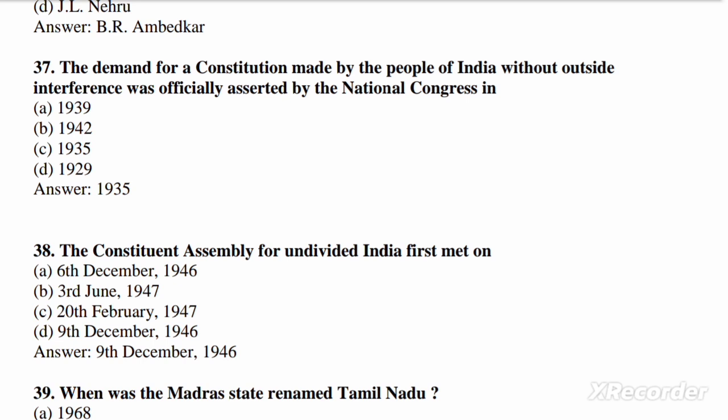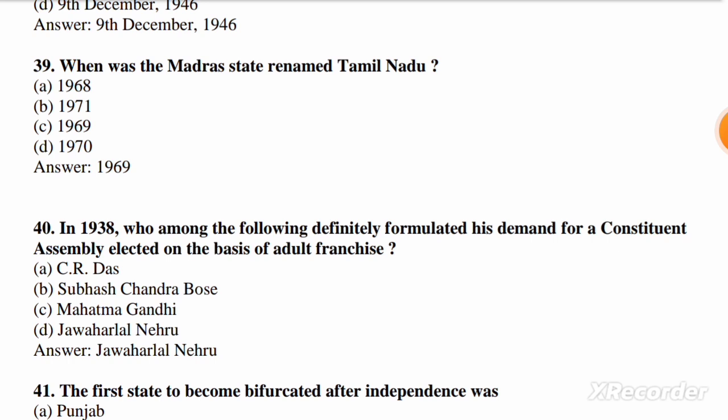The Constituent Assembly for Undivided India first met on 9th of December 1946. 39. When was the Madras state renamed Tamil Nadu? Answer: 1969.